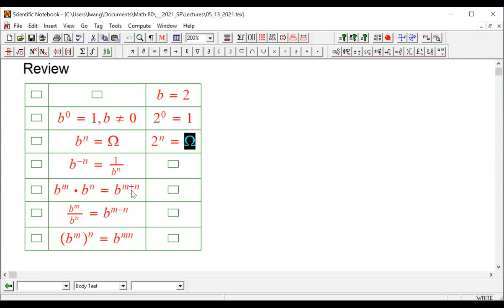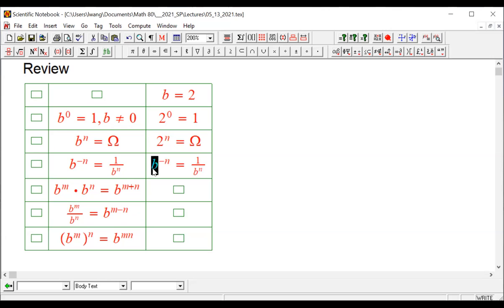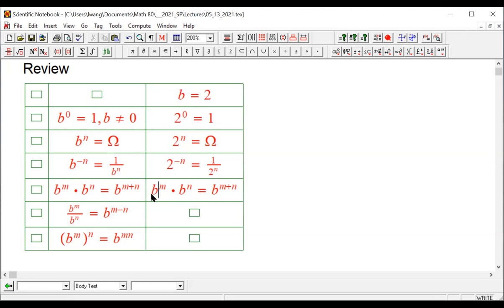You can also call it baloney. And in this case, 2 to the power of negative n equals 1 over 2 to the power of n. And this property will be rewritten: when b equals 2, this is going to be 2 to the power of m times 2 to the power of n equals 2 to the power of m plus n, yeah? And over here, b is 2, b is 2. Last but not least, there. Okay, when b is 2.